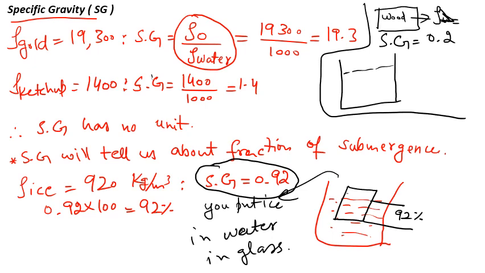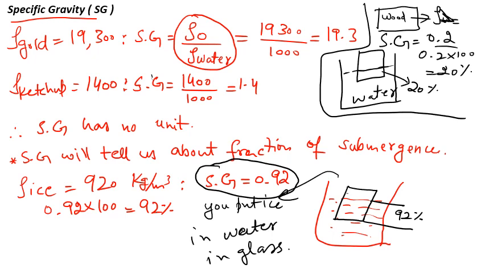Okay, so आप इसको find out करें. तो बेसिकली ये आपने find out किया कि this is 0.2, so 0.2 into 100 is 20%. So it means that this wood block is 20% submerged into the water. So this is how we can find out how much an object can be submerged into the water from the specific gravity information.